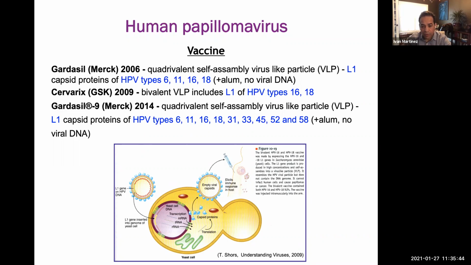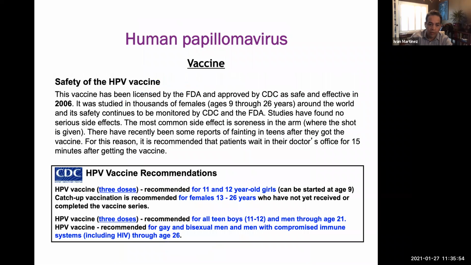But for people who are already infected by HPV, unfortunately, these vaccines are not therapeutic, so they cannot get rid of the virus. So they will not cover them for that. This is just the vaccine schedule for HPV, showing that the CDC recommends 3 doses for kids between 11 and 12.